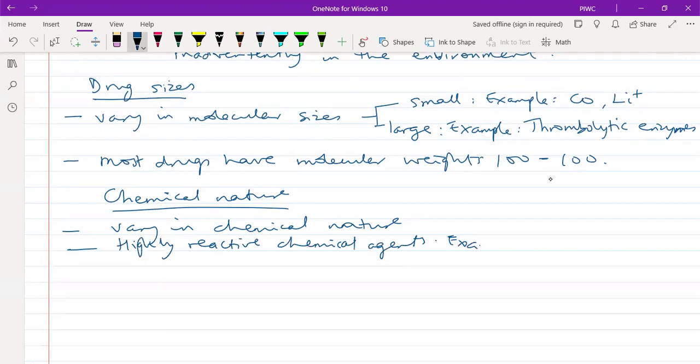Example, the alkylating agents, such as mechlorethamine.